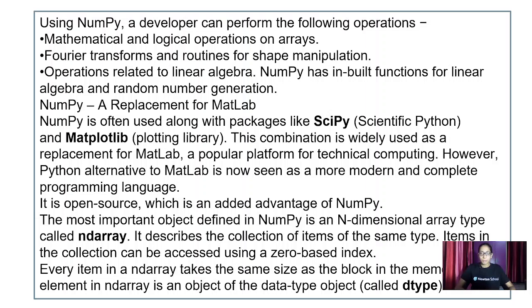It is a collection of items of the same data type, where we can access items with a 0-based index. Every item in the ndarray takes the same size of block in memory, and each element is an object of the data type object, which is called a dtype.